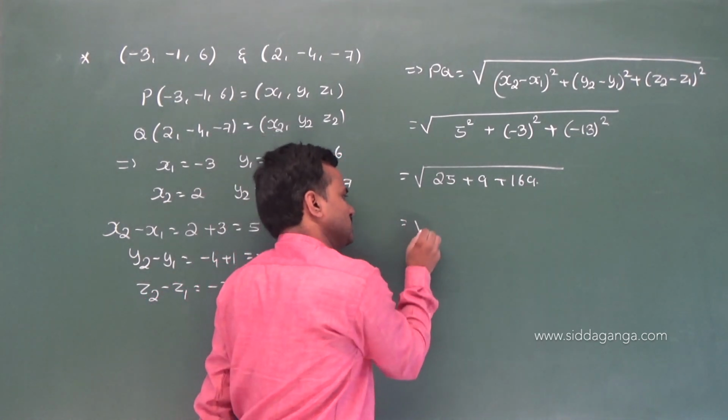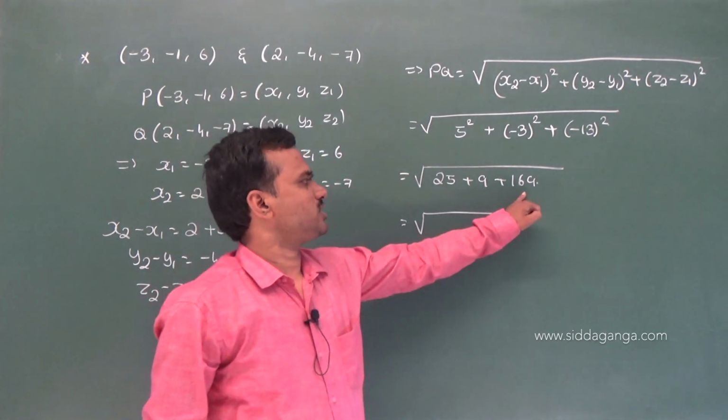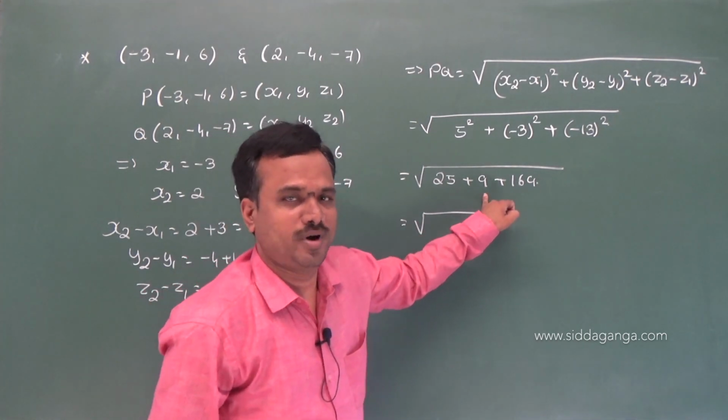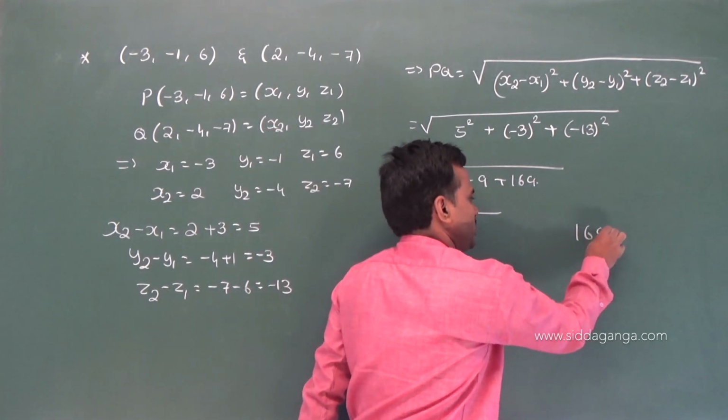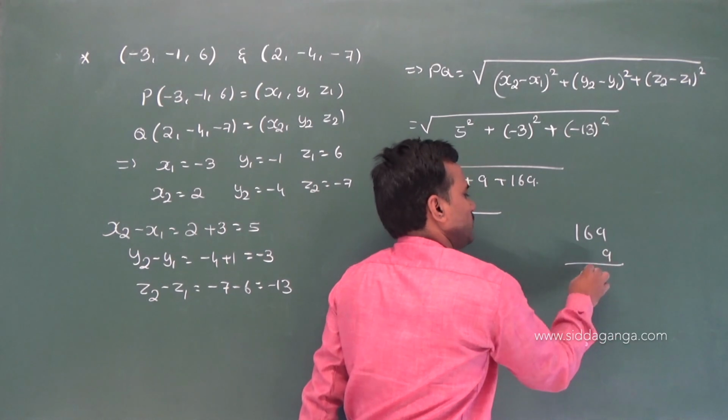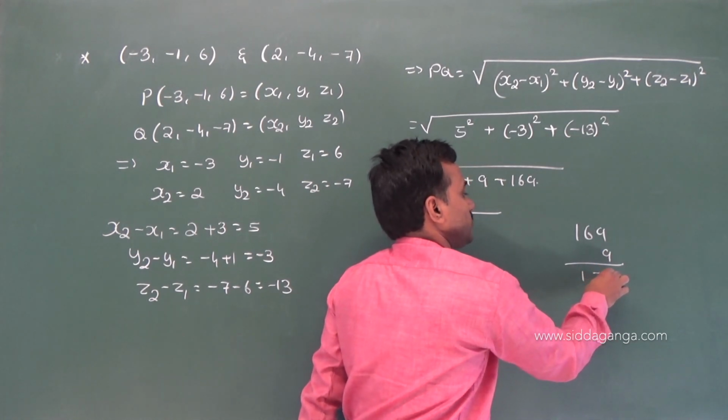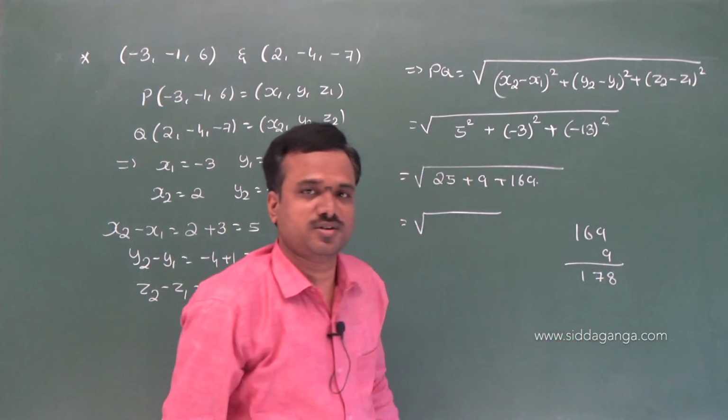Calculate and find out the answer. 169 plus 9 is 178. Correct?